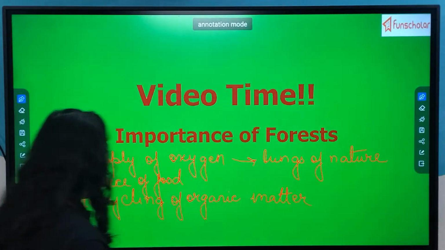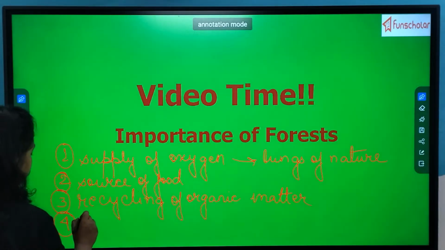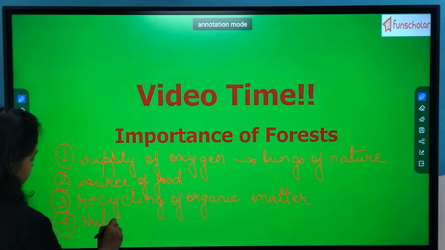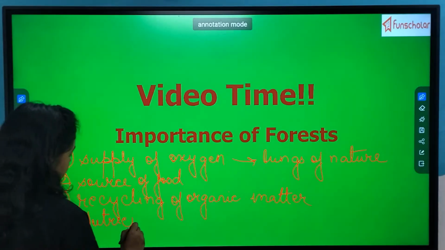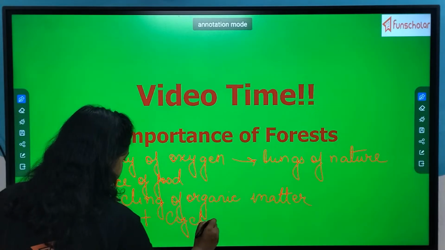So we can say that the forests also participate in nutrient cycles.